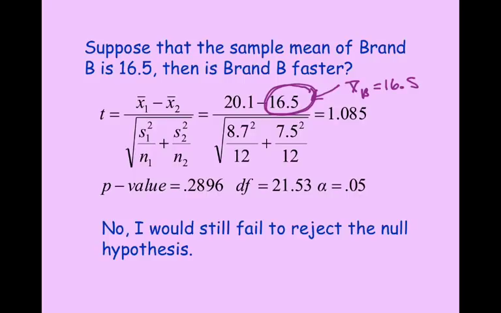So the difference here is a little bit larger. This gives us a new test statistic, a new p-value, same degrees of freedom and alpha, and the question is now can we prove that brand B is faster, that there's a difference in the brands? In this case, our p-value is 0.2896. It's still higher than alpha. We would still fail to reject the null hypothesis.